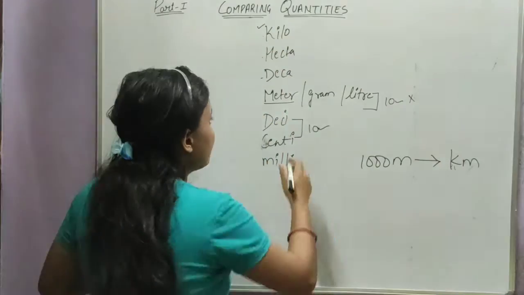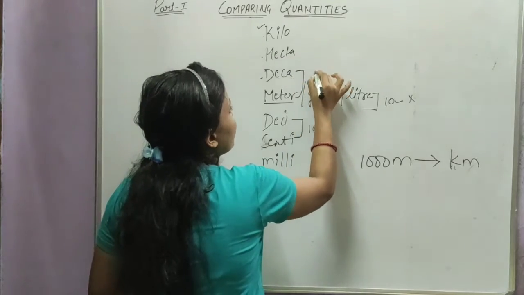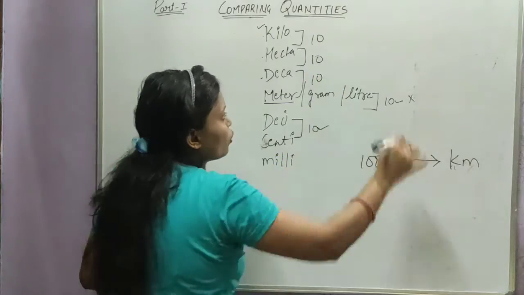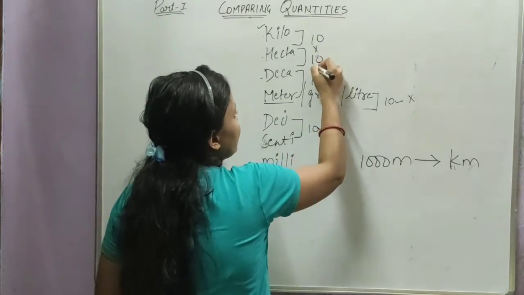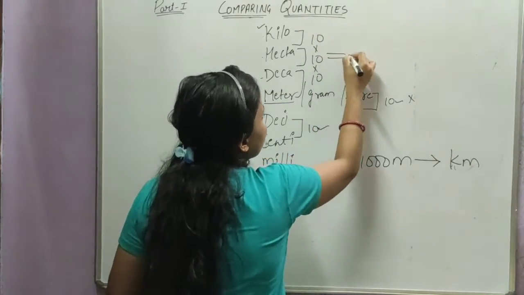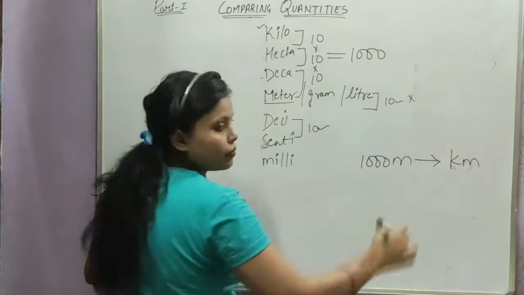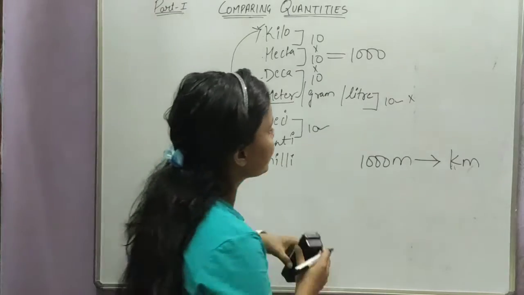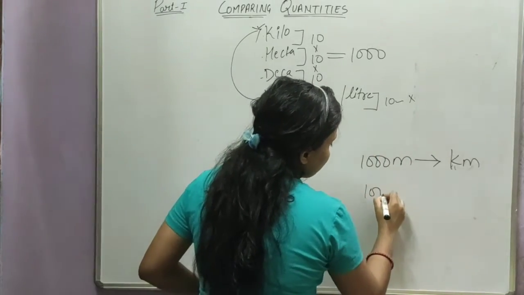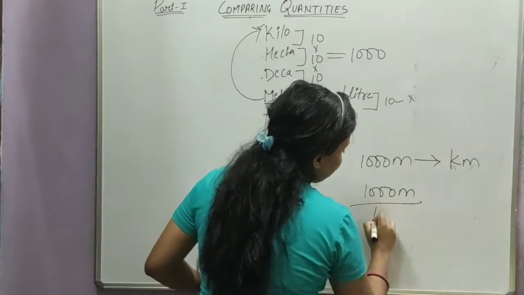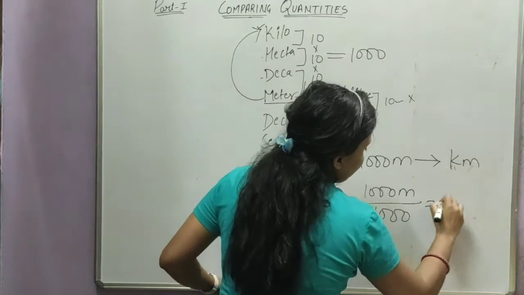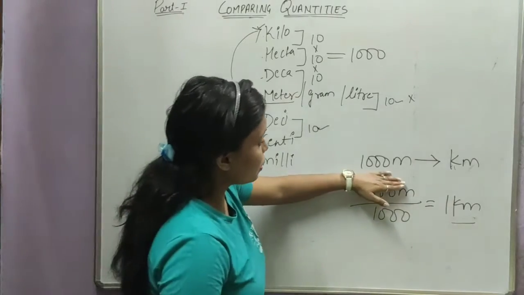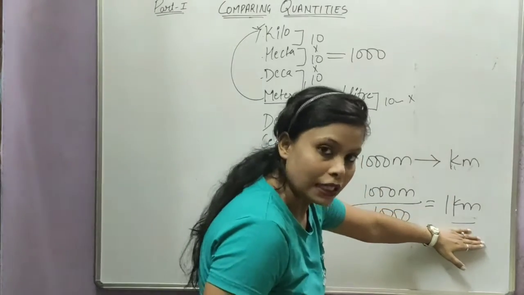This step contains 10 units, this step contains 10 units, this step contains 10 units. That means 10 multiply 10 multiply 10 which gives 1,000. So we will divide. 1,000 meter divided by 1,000 gives 1 kilometer. That means 1,000 meter is equal to 1 kilometer.